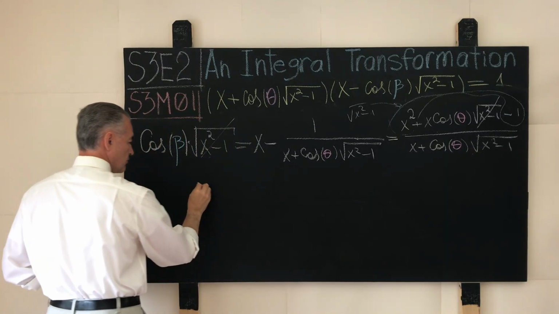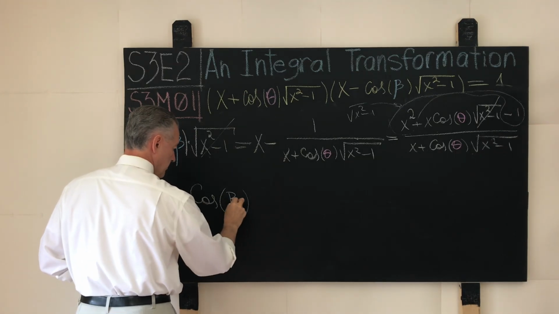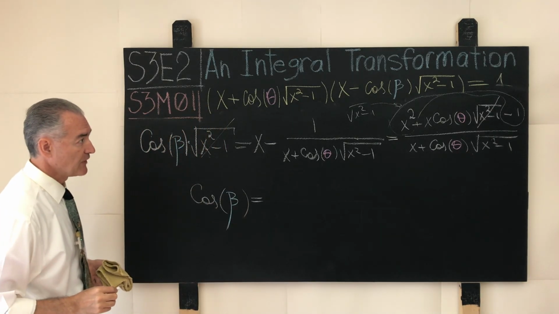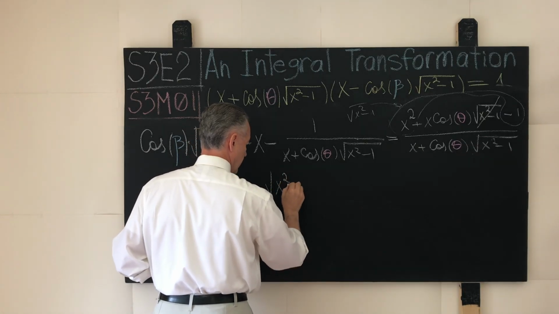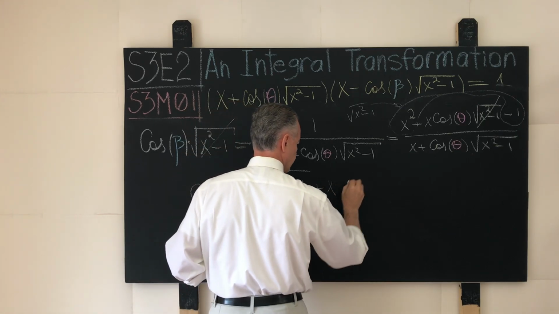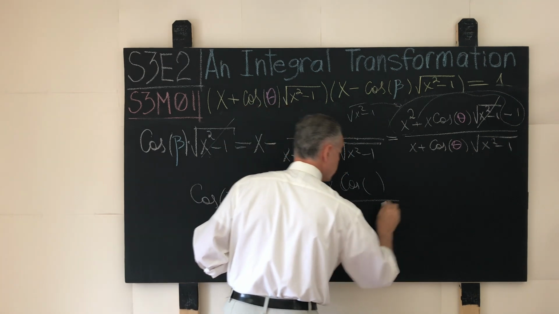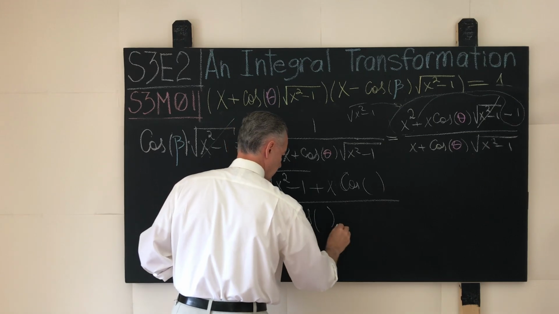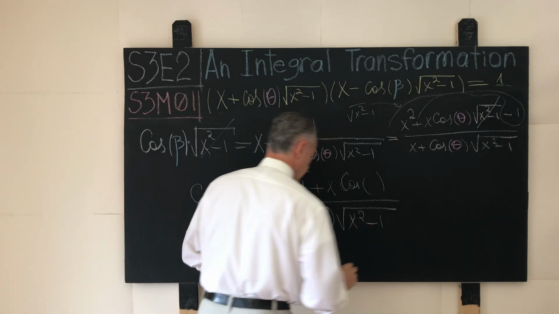we right away write down the result for the cosine of the angle beta expressed as a function of the angle theta. What will it be? Let us write this down. Square root of x squared minus 1 plus x times the cosine of the angle theta, divided by x plus cosine of the angle theta times square root of x squared minus 1.